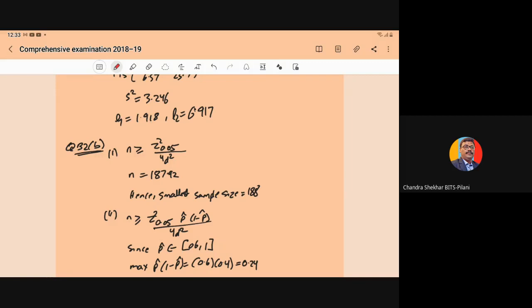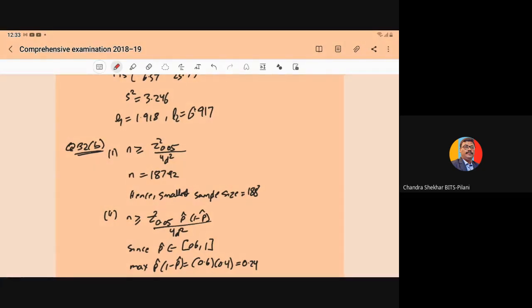So when we put the required values, you will get n is equal to 187.92. Hence, the smallest sample size, as I have told you earlier also, we always take the ceiling value, so it will become 188.